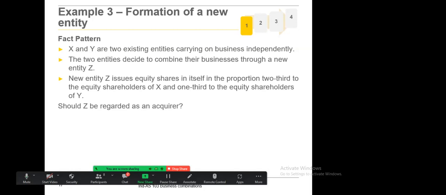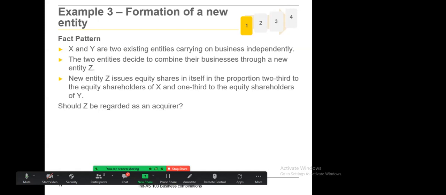Okay. In this case, the acquirer of Z would be X company. Why? Because X company is holding 2/3 of the shares of Z. Y company is only holding 1/3. If you have heard about subsidiary accounting, what does it say? A company becomes a subsidiary if any company is holding more than 50% shares of that company.